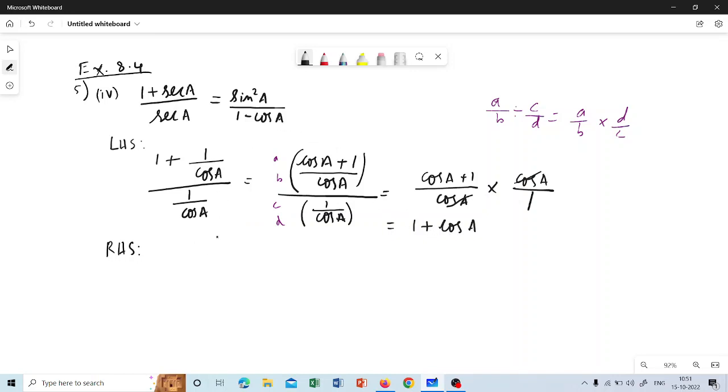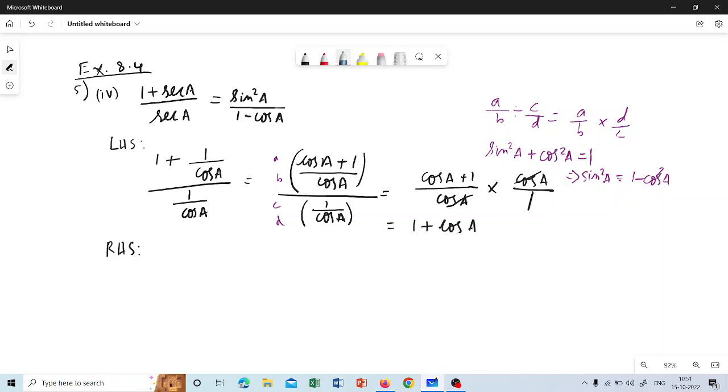Using the identity sine square a plus cos square a is equal to 1, I can write sine square a is equal to 1 minus cos square a.